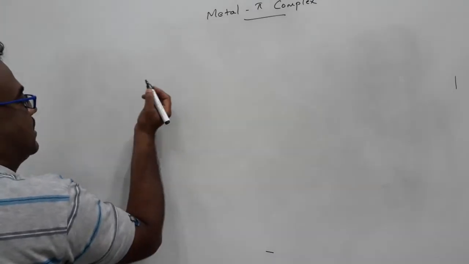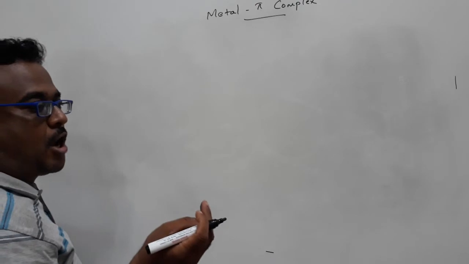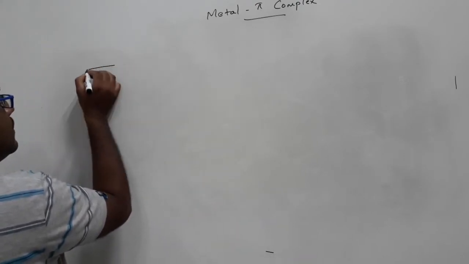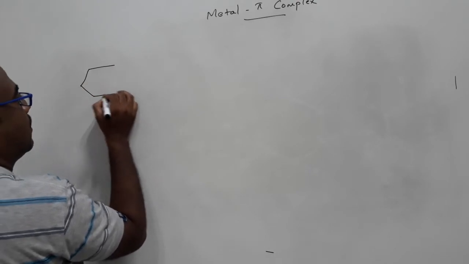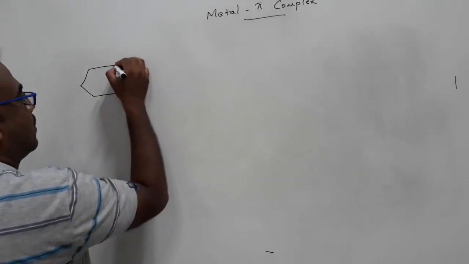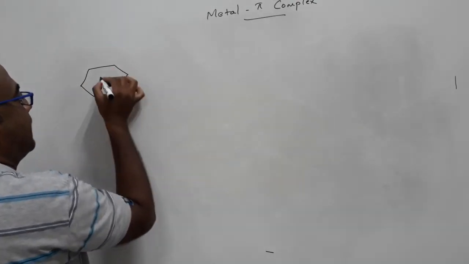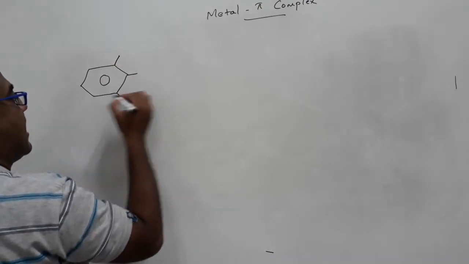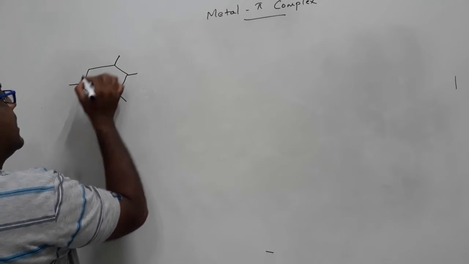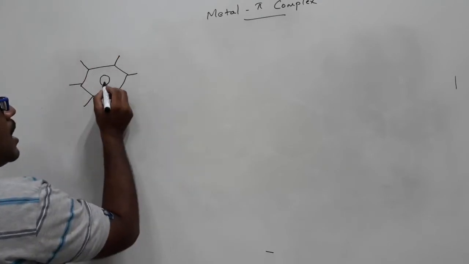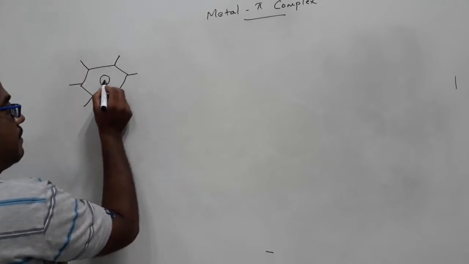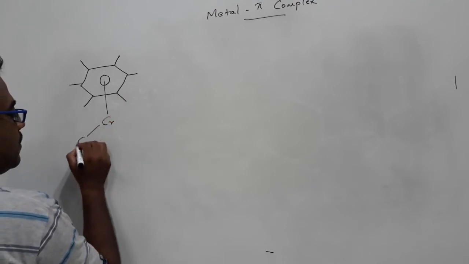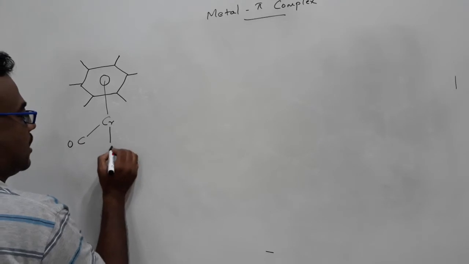Hexamethylbenzene reacts with THF solvated chromium tricarbonyl. We can get a metal pi complex. Hexamethylbenzene reacts with THF solvated chromium tricarbonyl and can give an organometallic complex.